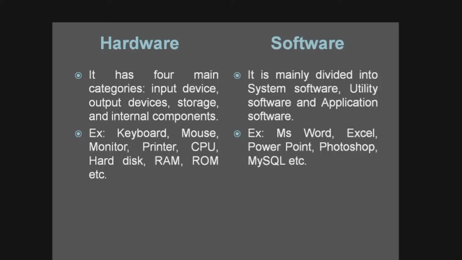Examples of computer hardware are keyboard, mouse, monitor, printer, CPU, hard disk, RAM, that is random access memory, and ROM, that is read-only memory. Some examples of computer software are MS Word, MS Excel, PowerPoint, Photoshop, MySQL, etc.